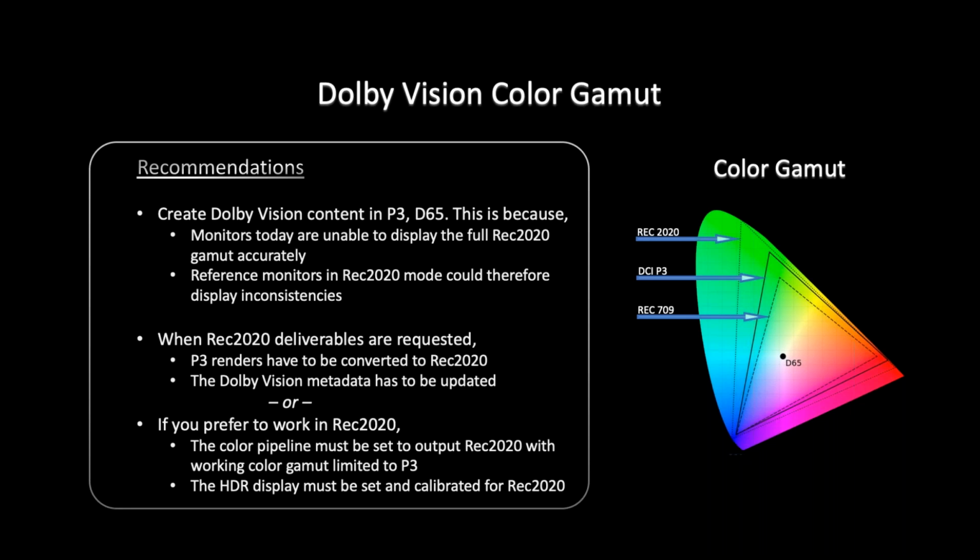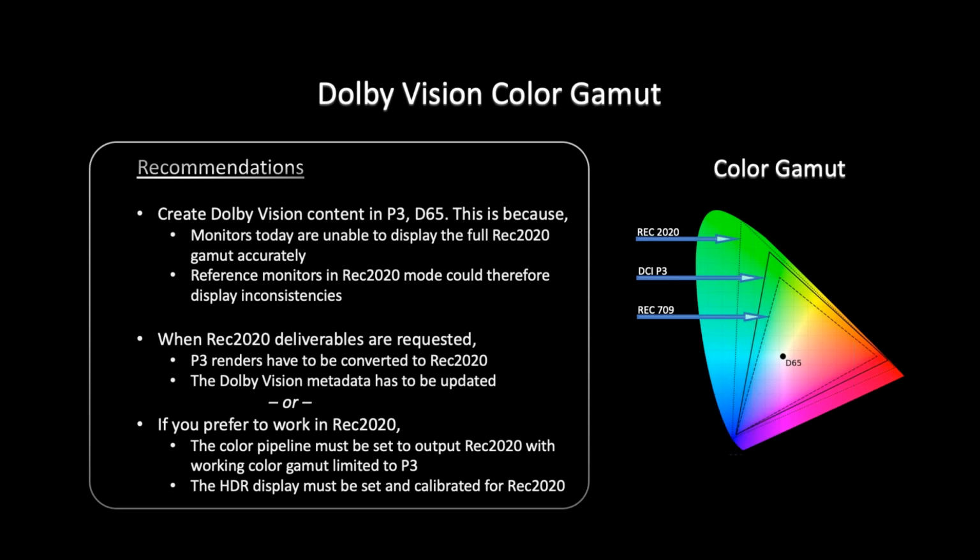So that mastering display can hold the native primaries of that monitor. So all you have to do is measure the monitor, get the XY coordinates from your measurements, and then create a custom mastering display for that. Not all partner products are compatible with or can create a custom mastering display. So if that's a feature that you want to use, contact that partner directly and ask for that feature request.